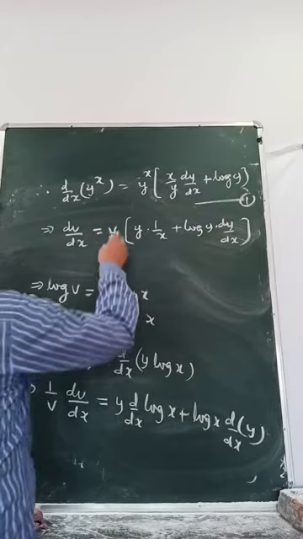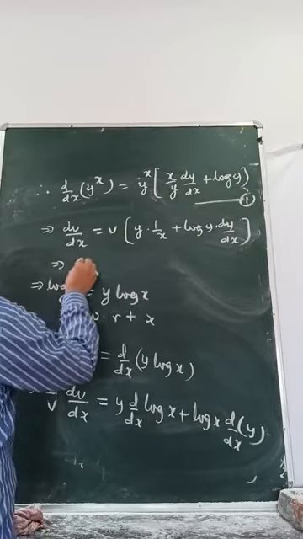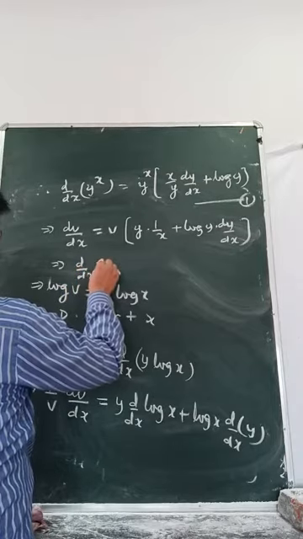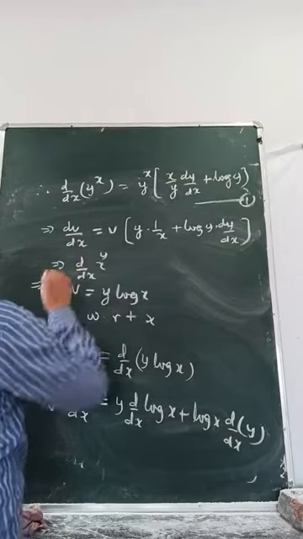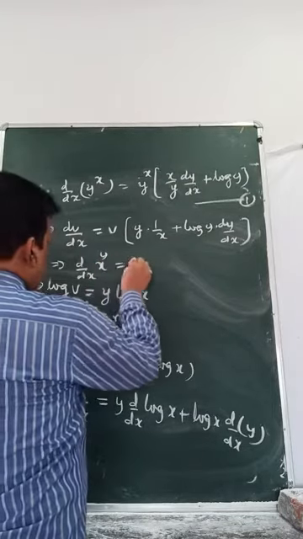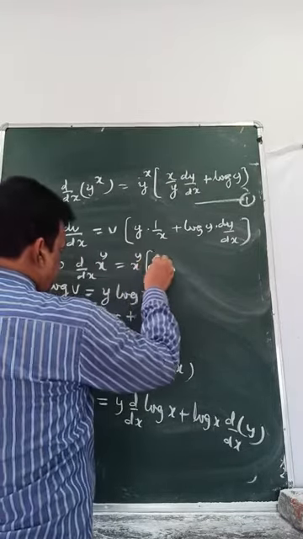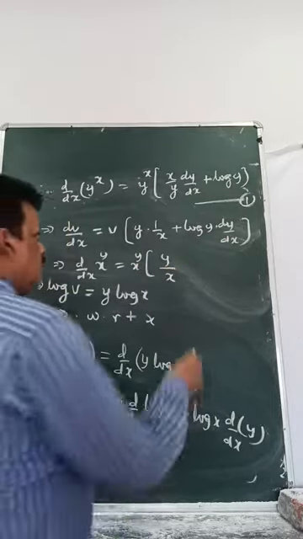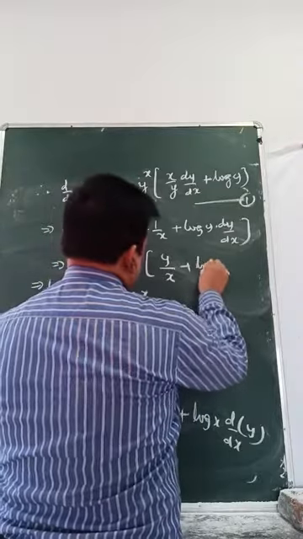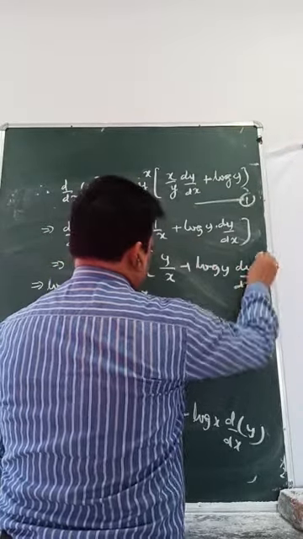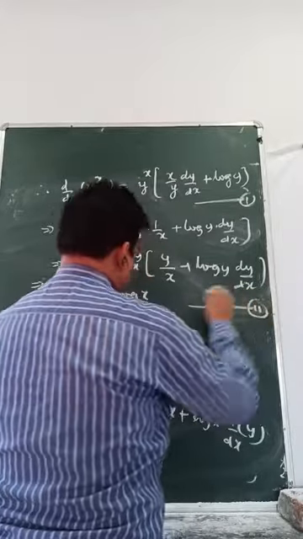So finally you can write d/dx of x to the power y equals x to the power y times (y upon x plus log y dy by dx). This became our second part.